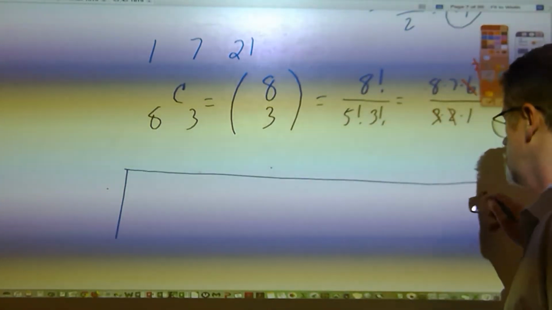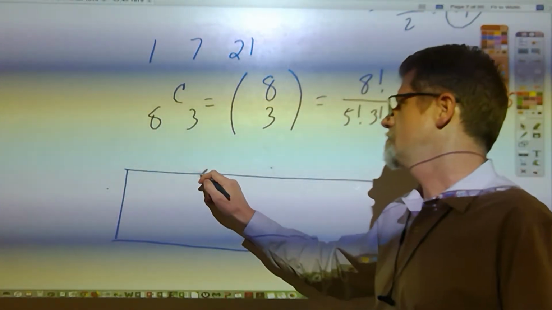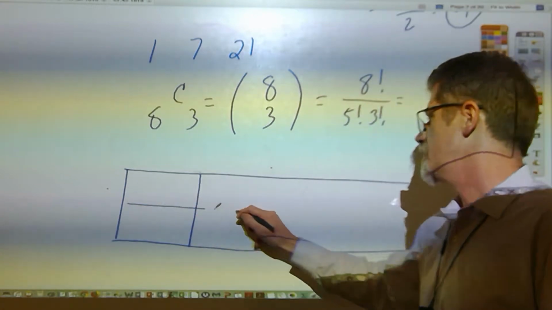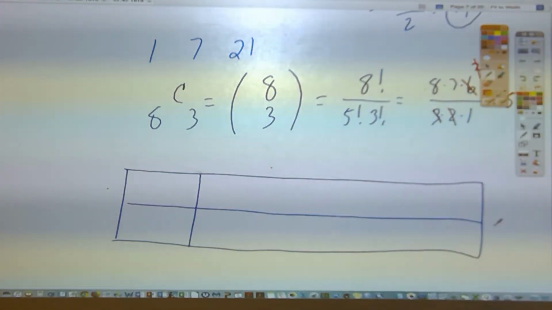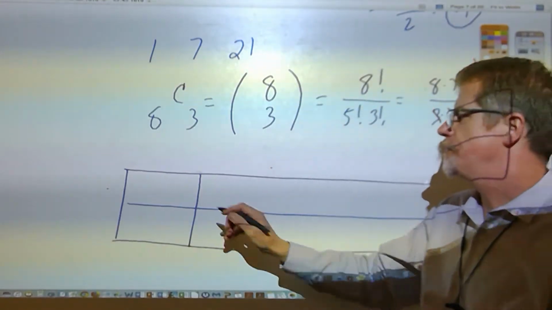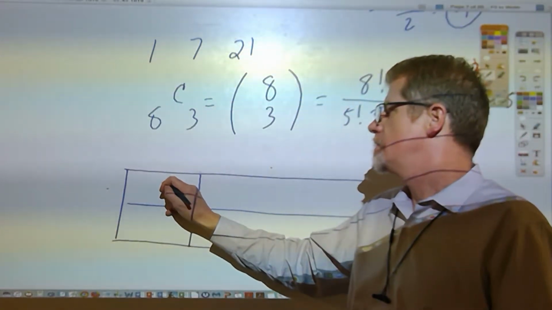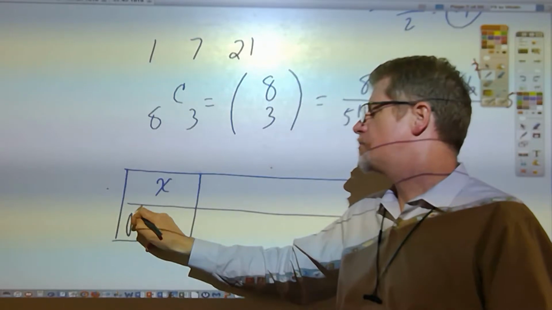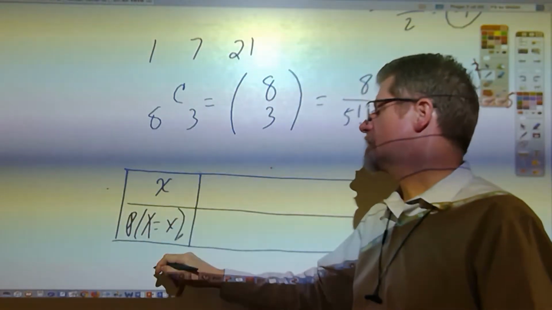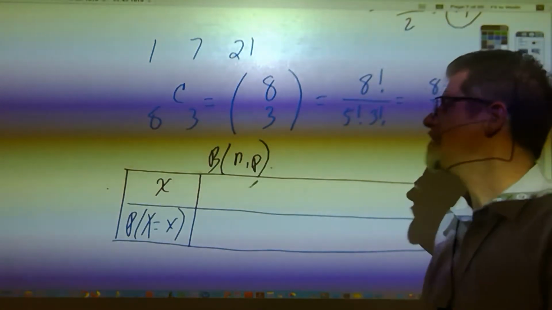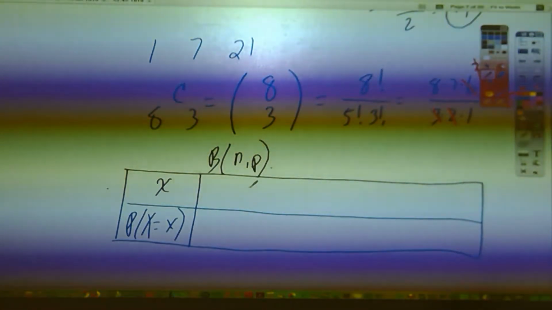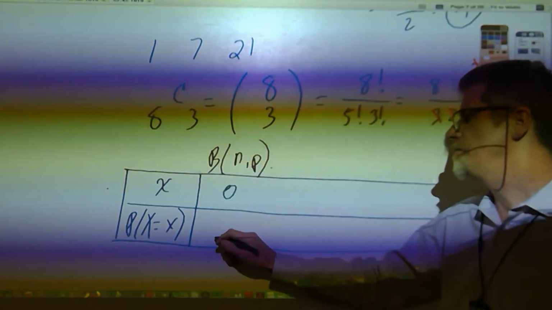Notice how, in fact, I'm glad you asked this because we have to fill it in. In general, and this is why I would recommend you write this down, let's put an X value here, probability of capital X equals X. Here's the binomial model for N, comma, P. The general binomial model starts out at 0.